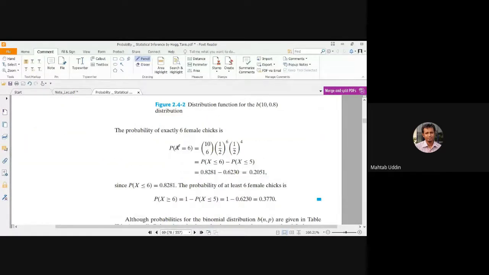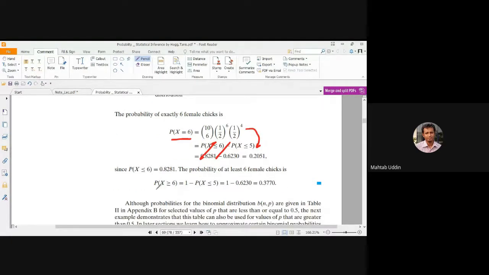Also, if exactly 6 female chicks are required, then 10C6 times 0.5 to the power 6, 0.5 to the power 4, actually 0.5 to the power 10. Don't do this by hand; use a calculator to find this directly. And if we want at least 6 females, that is 6 or more, just subtract this from 1, because this is in our hand.